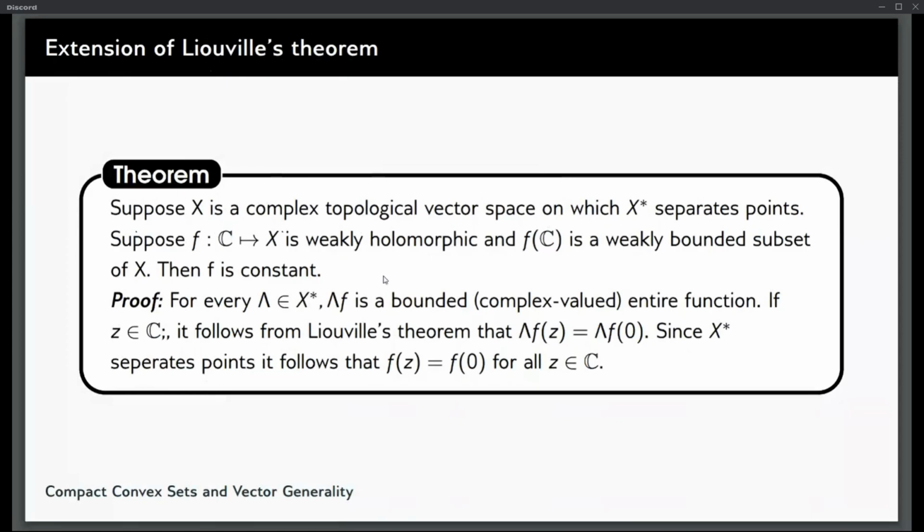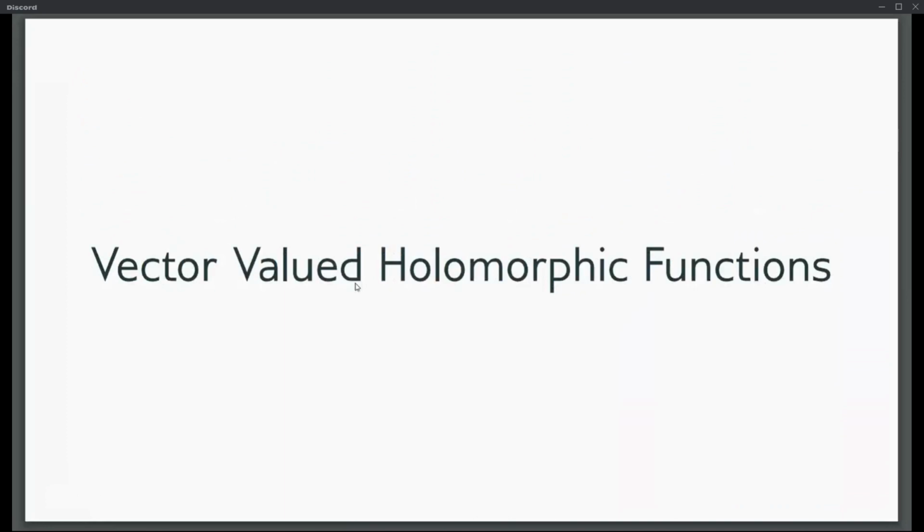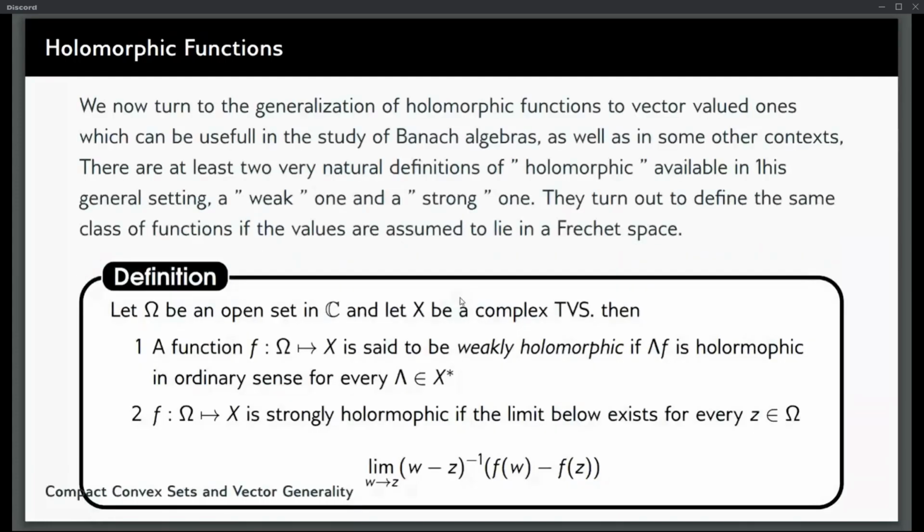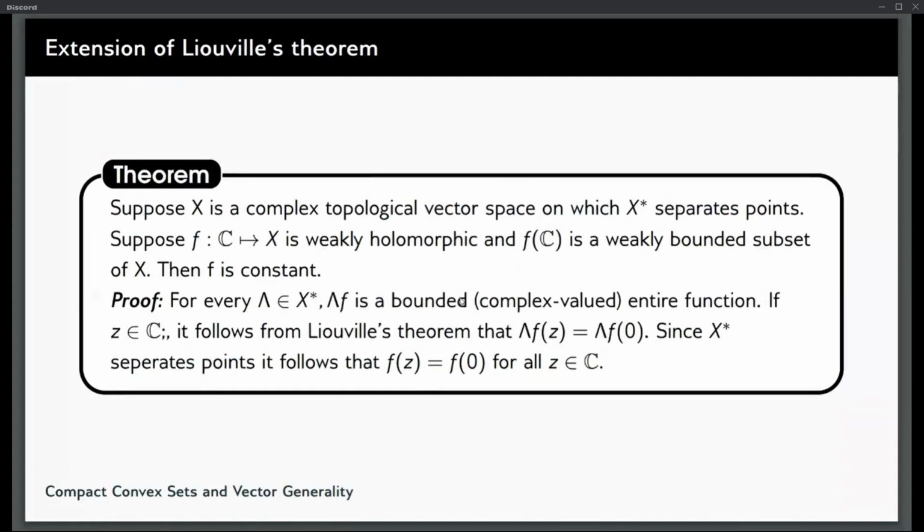So our proof is similar to what we did earlier. There was a situation where we moved to a setting that we know how to work with. So for every lambda in X star, lambda f is a bounded complex valued entire function.